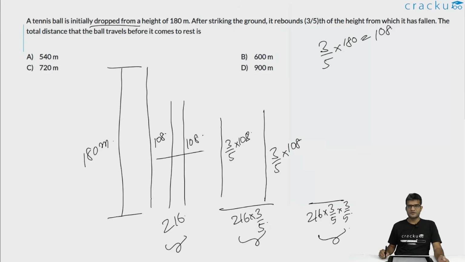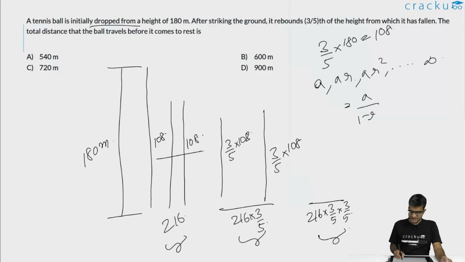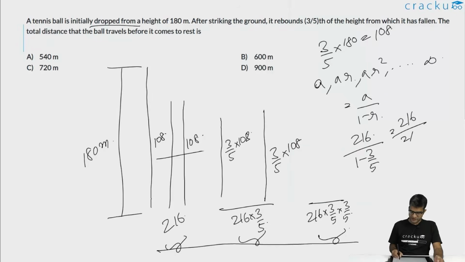In this geometric progression, for a decreasing geometric progression, suppose the first term is A and the common ratio is R, that is A, AR, AR square and so on till infinity. This sum is equal to A divided by 1 minus R. In this particular case, the sum of all of these terms will be 216 divided by 1 minus 3 by 5, which is equal to 216 divided by 2 by 5, which is equal to 540.